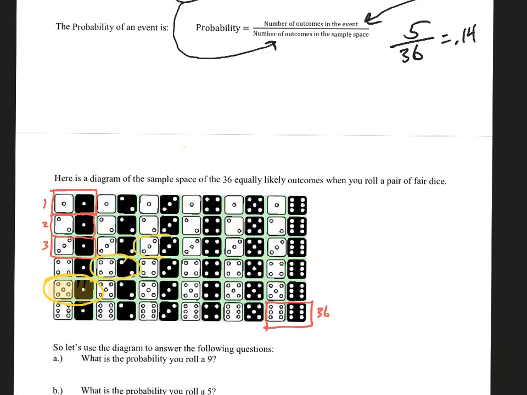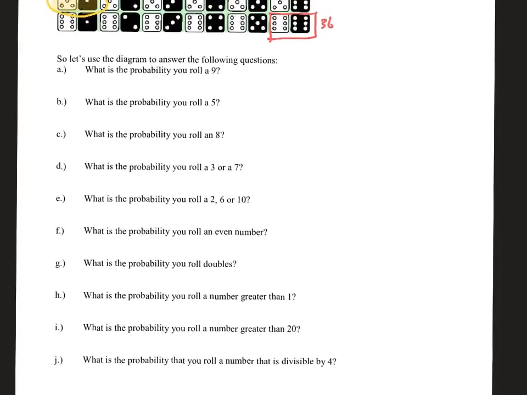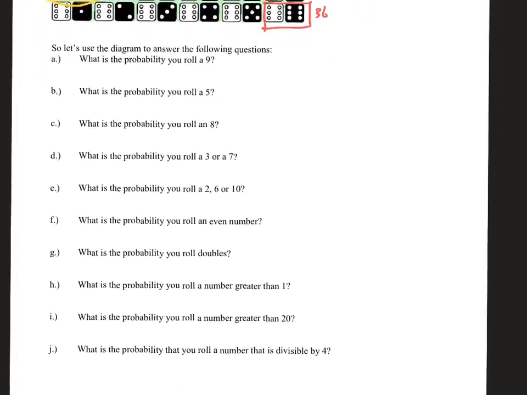That's a 6. That's a 6. That's a 6, and that's a 6. And so there you go, you got your 5 out of 36. All right, folks, so use this diagram, pause the video, and you can answer these questions down here on rolling dice.